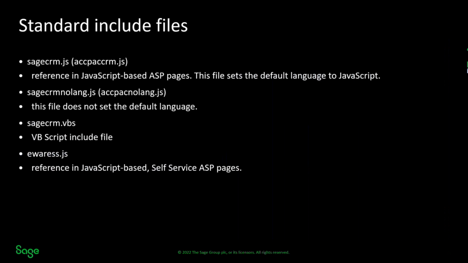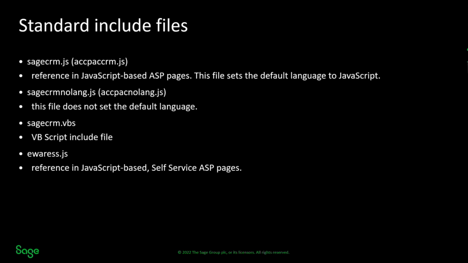Now there are different files, and if you're working with a machine that has been upgraded for a long time, you may or may not see different types of include file available to you. For example, the Sage CRM.js file is the JavaScript page that is used for ASP pages.